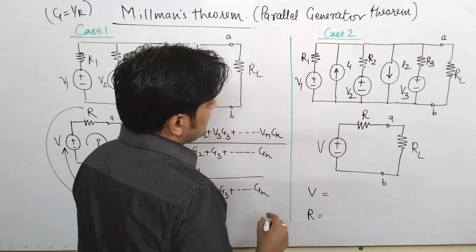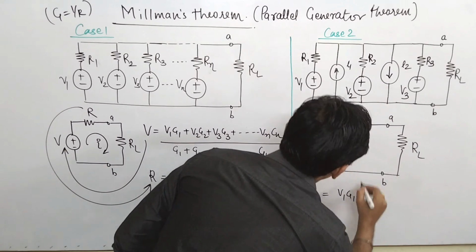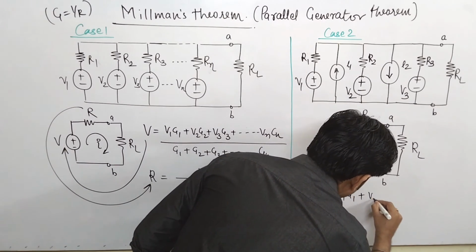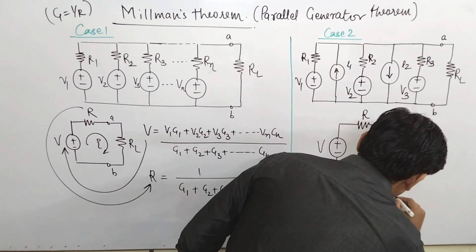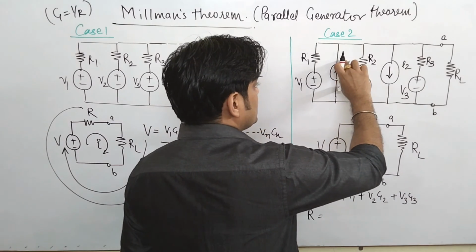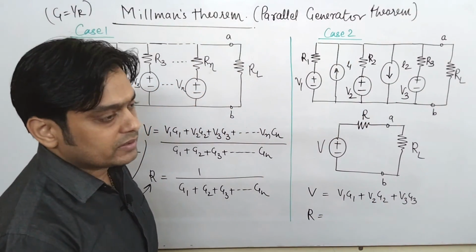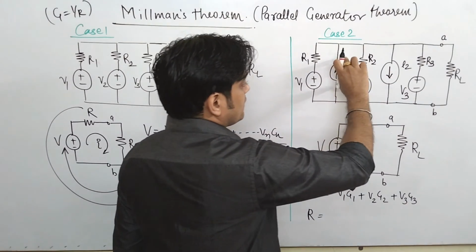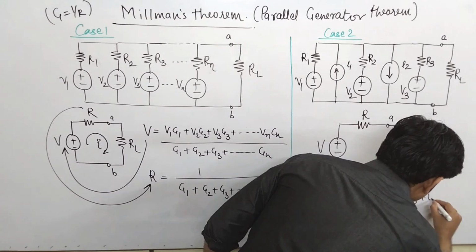In this case again it is V1 G1. First of all, we consider all voltage sources and corresponding resistances. Now the multiplication of V and G is basically current. Here only the current is given, so it directly comes to be I1.